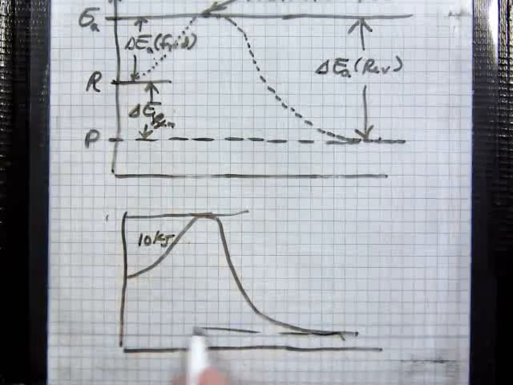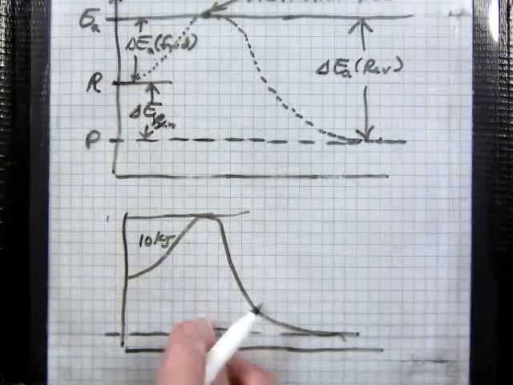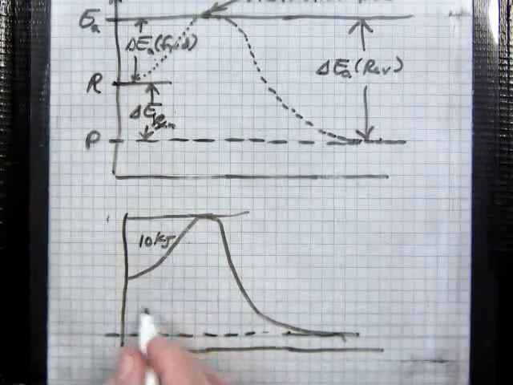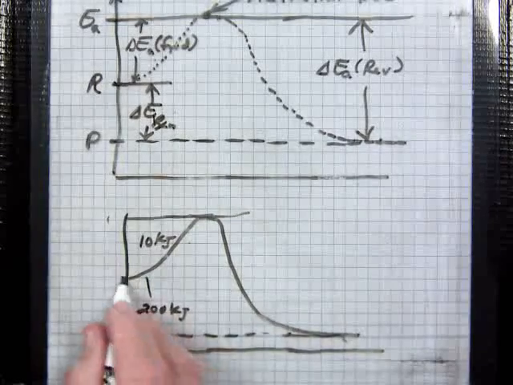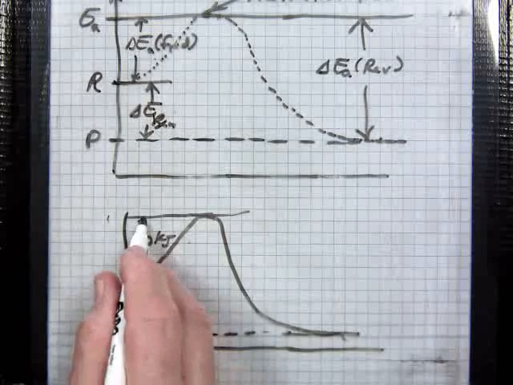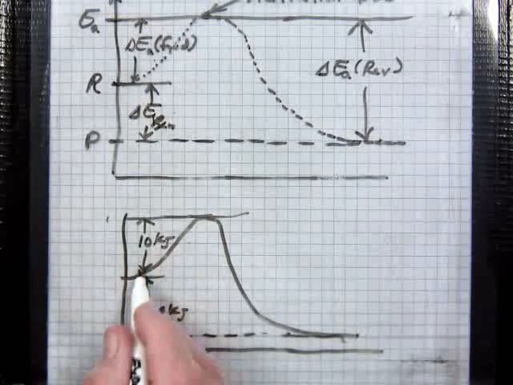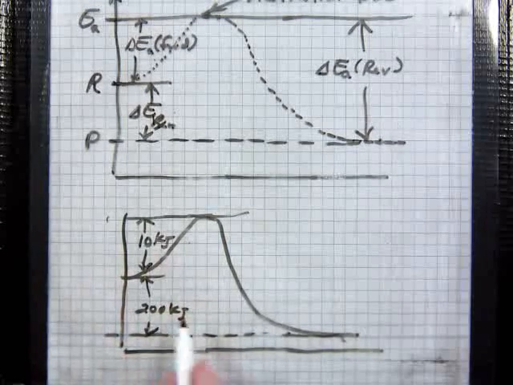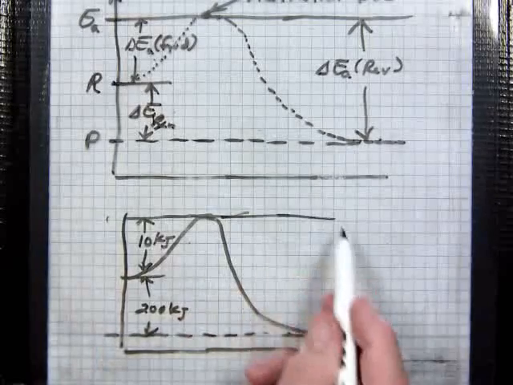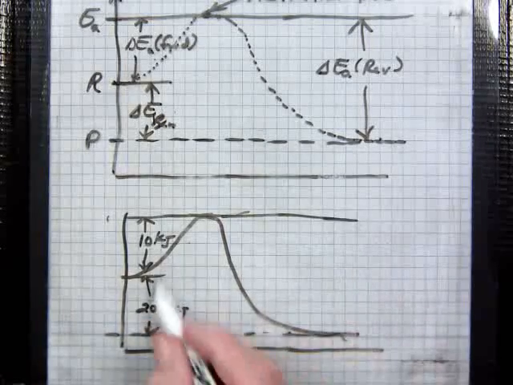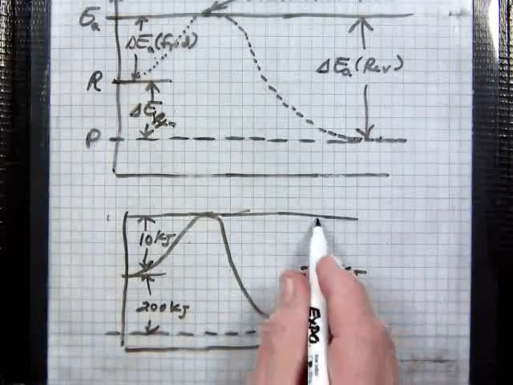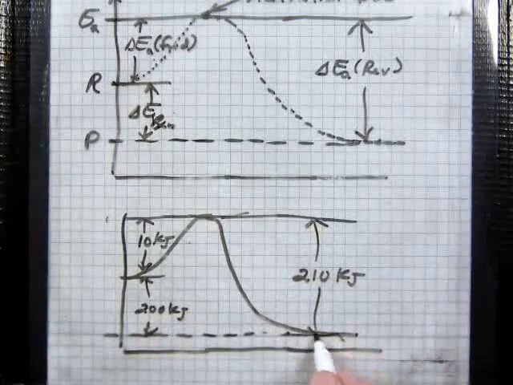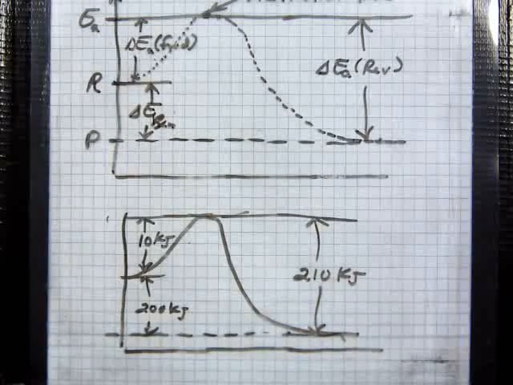But for the overall reaction energy, it is 200 kilojoules right there. And if they ask you for the reverse reaction, you have to add those two together, and it's 210 kilojoules for the activation energy for the reverse reaction, if it's an exothermic reaction.